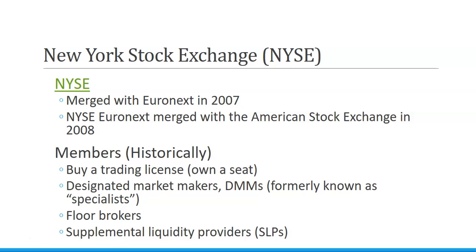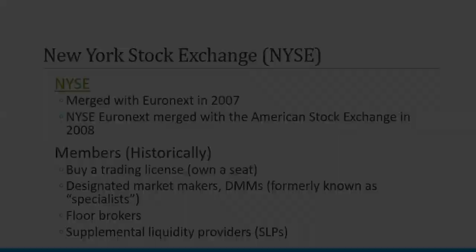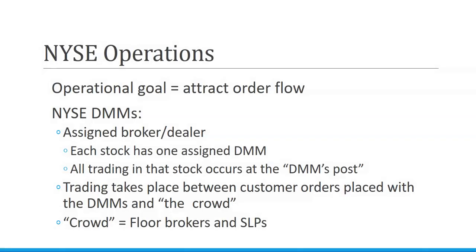Then the supplemental liquidity providers are investment firms that are active participants in stocks assigned to them, and they want to make a one-sided market, and they trade purely for their own benefit. In 2006, the rules about buying a trading license or owning a seat changed, and people still have to be members, but it's a flat rate for what a member can do.